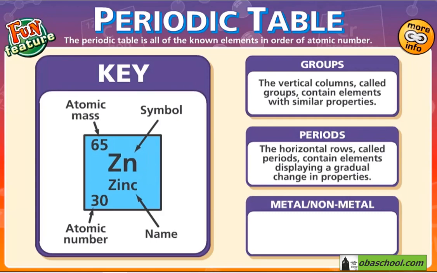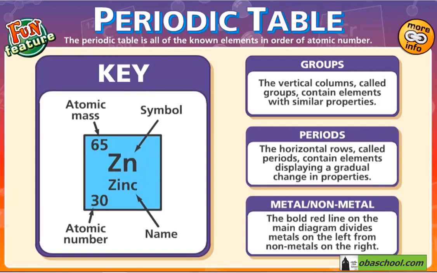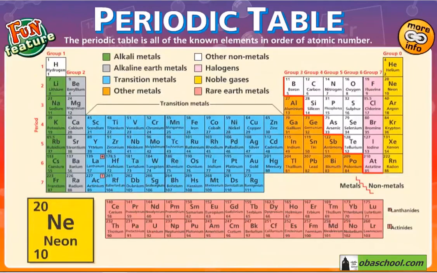In the periodic table, metals and non-metals are separated. We will see later a bold red line. It's like a stair, and this stair divides metals on the left from non-metals on the right of the periodic table. This is the periodic table.